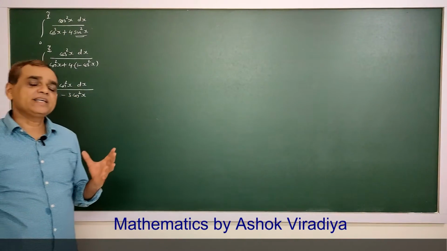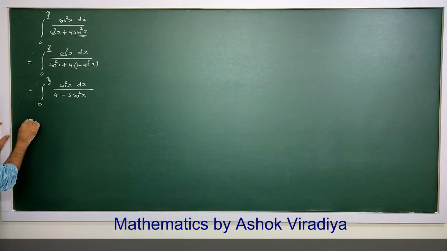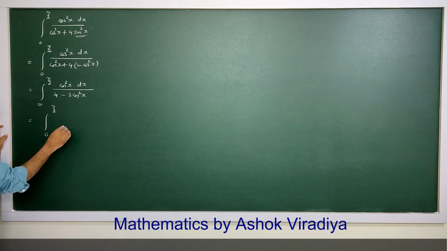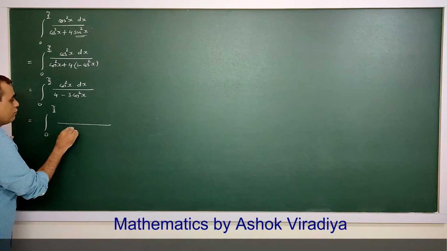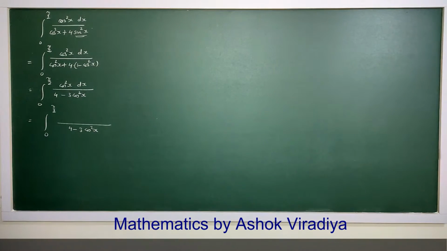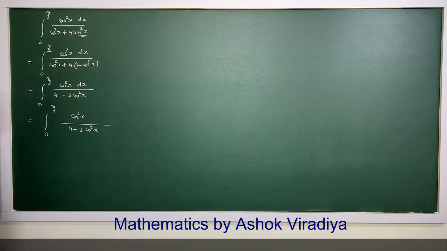So completely in terms of cos square x. Now see what we do. 0 to pi by 2, this is 4 minus 3 cos square x. Here I have kept cos square x as it is, whatever is given as it is.